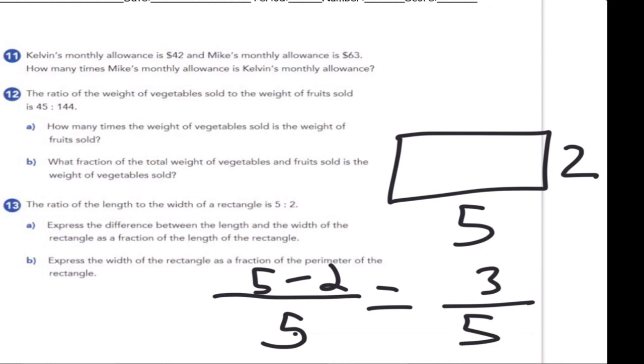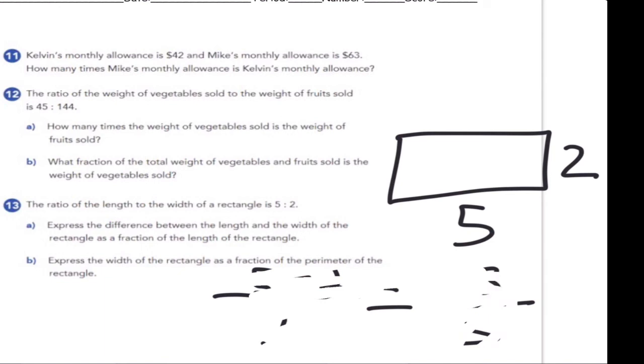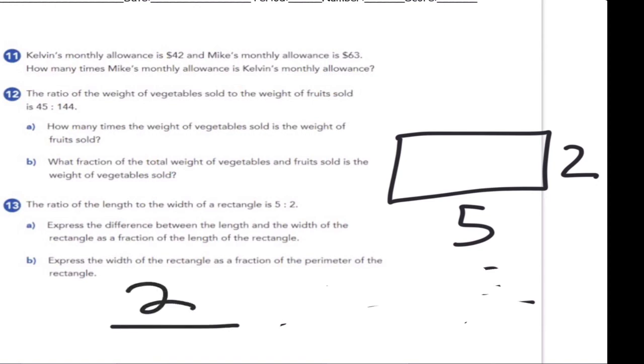Express the width of the rectangle now. Let me just erase this. So it says now, oops, let me get bigger. Okay, so now it says express the width of the rectangle as a fraction of the perimeter of the rectangle. Okay, so we need to work on the perimeter. Express the width. So the width is 2. And the perimeter of the rectangle.